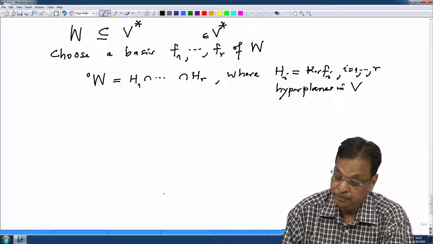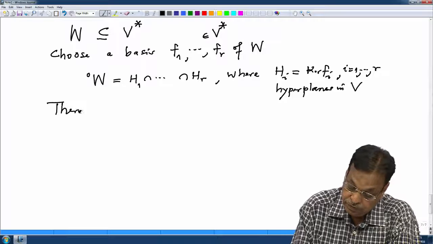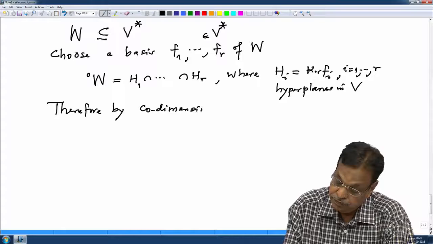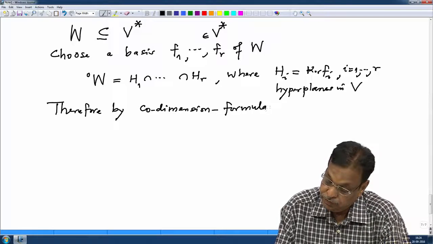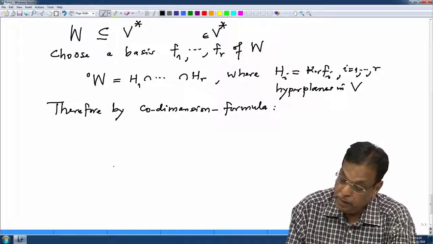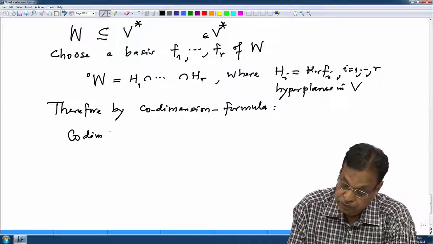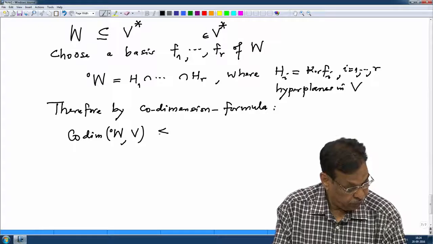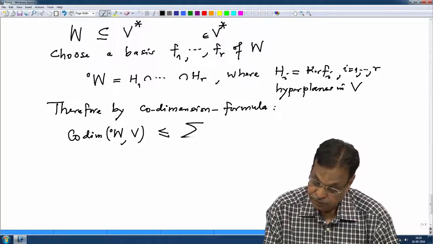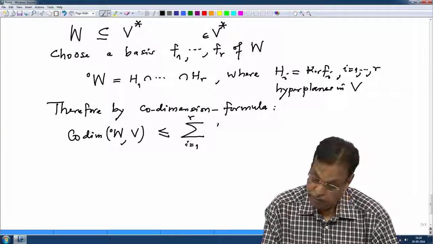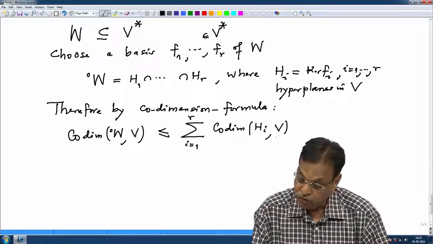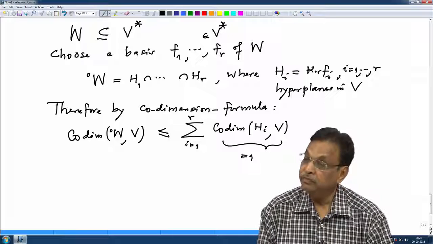Therefore, we have a codimension formula. By the codimension formula, the codimension of left circle W in V is smaller or equal to the sum of the codimensions, i from 1 to r, of codim Hi in V. But the codimension of each one of them is 1 because the Hi are hyperplanes.